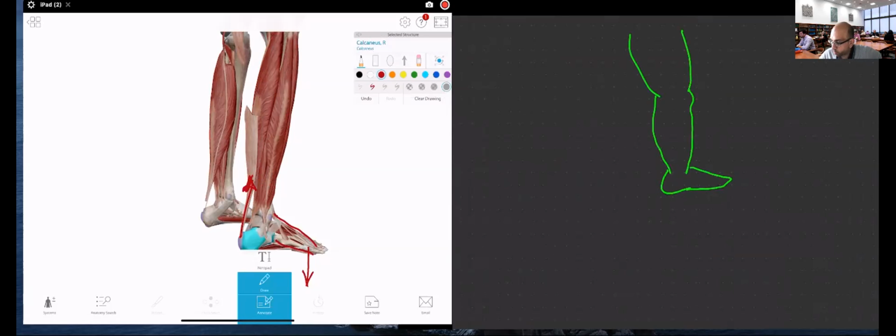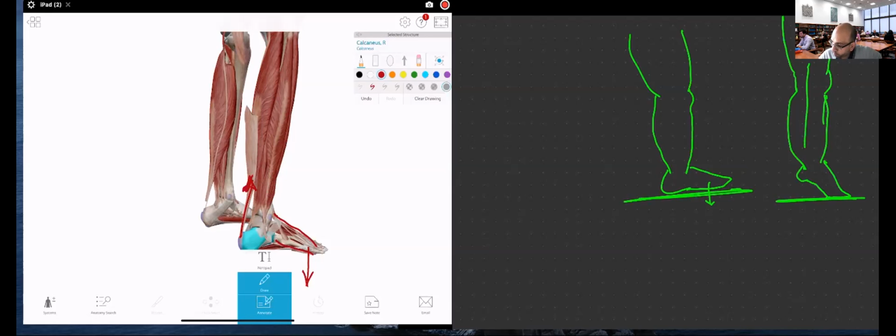When I perform plantar flexion, the whole body is going to be raised up like this if you're standing on your toes. If this is the ground, you're going to be raising your whole body upwards.